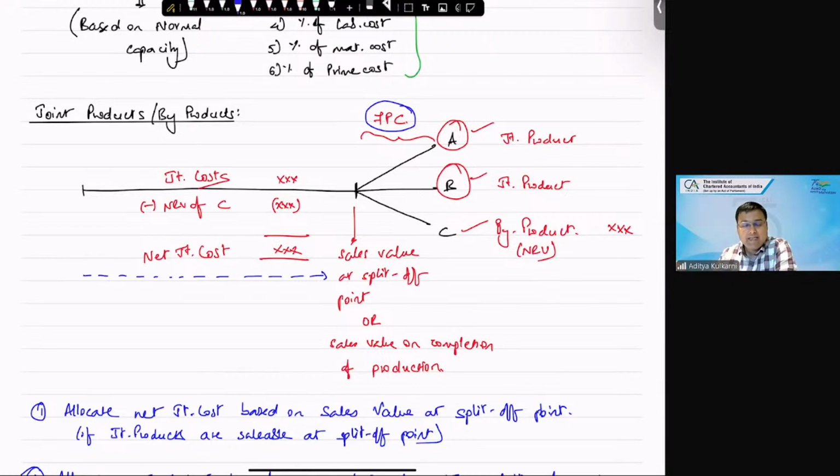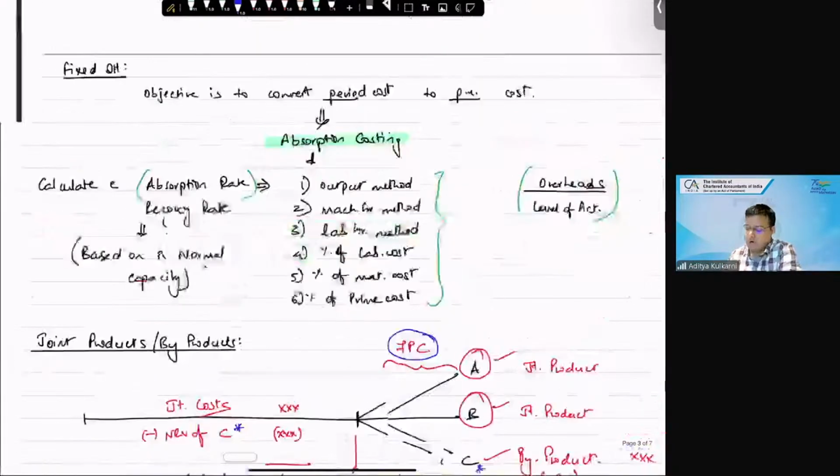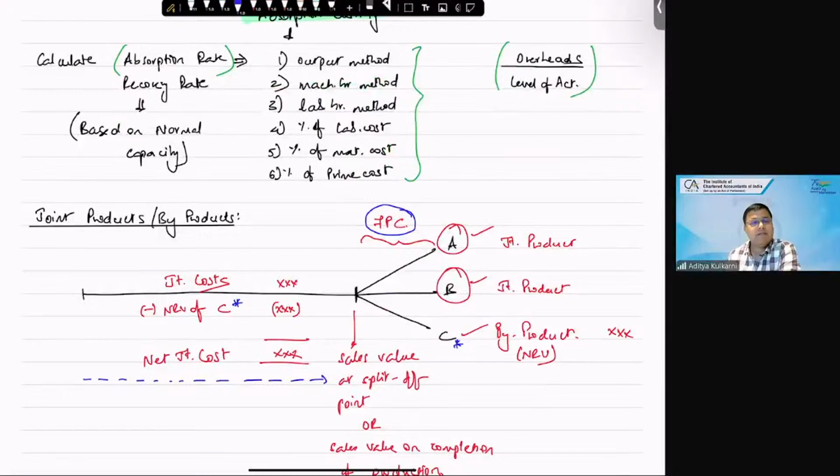So when that is the case, you will end up reducing the net realizable value of C from the total joint cost. I will reduce it from the total joint cost, and only the net joint cost is what will be apportioned to A and B. C to gaya, C's NRV has been deducted, so nothing will be attributable to C, but the net joint cost I will allocate to A and B.